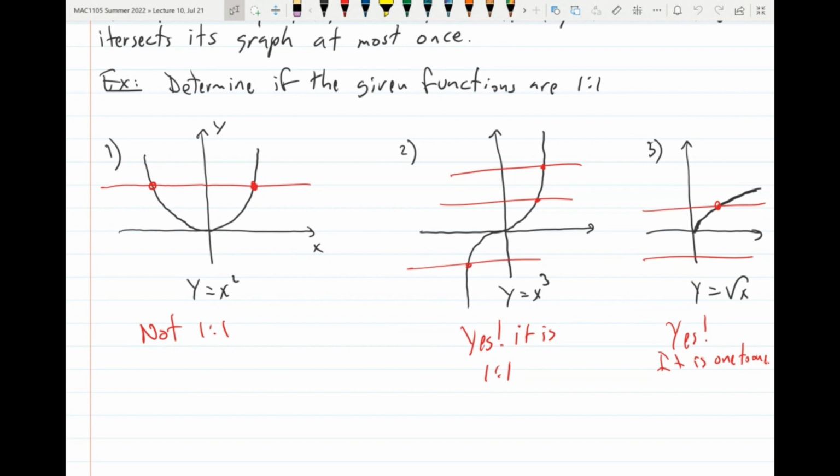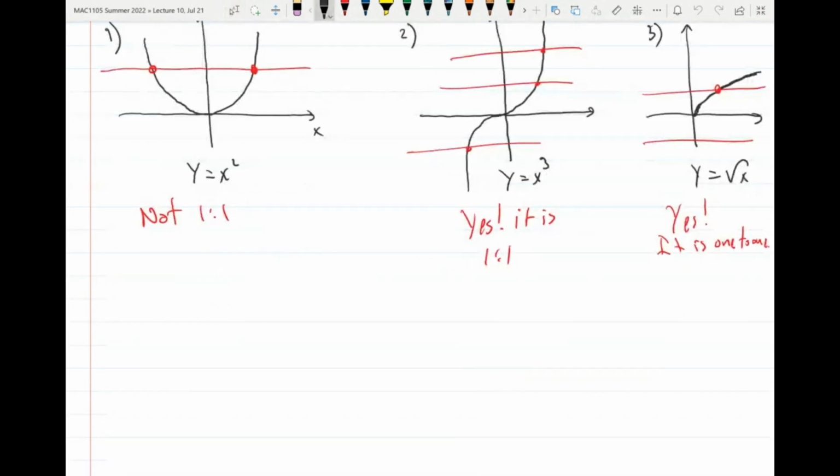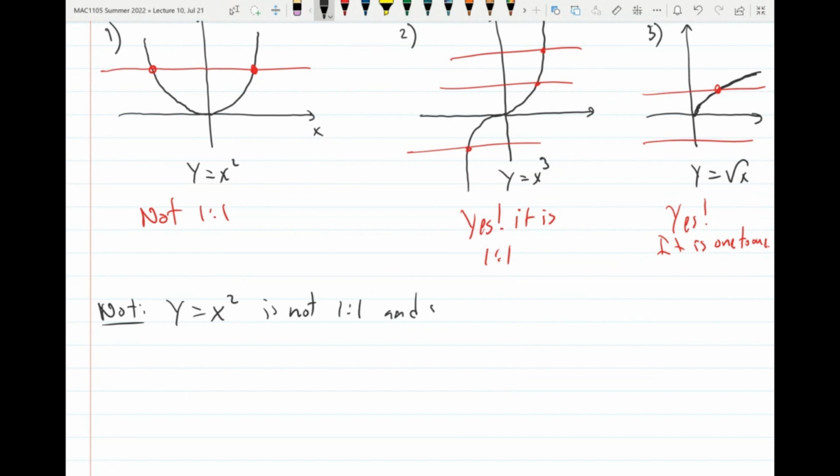You understand this? Now, when you do this, of course, you're creating a new function. It's an x squared function, but now the domain is from 0 to infinity. So, note, y equals x squared is not 1-to-1, and so it does not have an inverse.